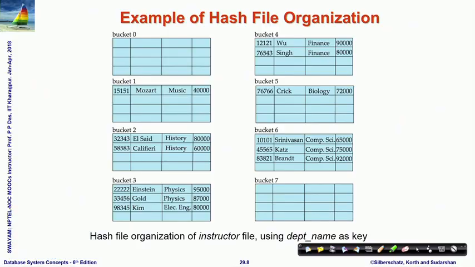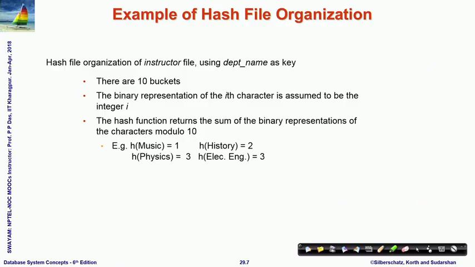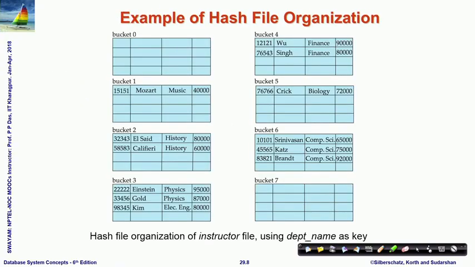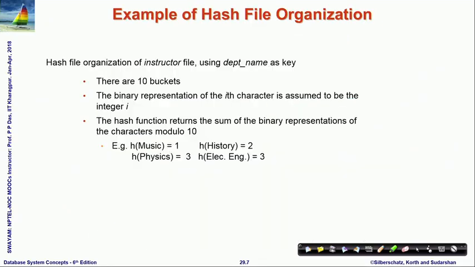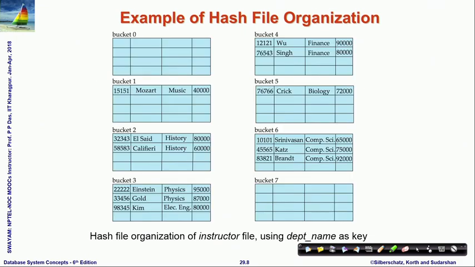You can see in the earlier slide we are showing Music is 1, History is 2, Physics and Electrical Engineering both have hash value 3. So, you can see here in bucket 2, since History has value 2, those records go to bucket 2, whereas Physics and Electrical Engineering both have hash value 3, so Einstein, Gold and Kim all go to bucket 3.